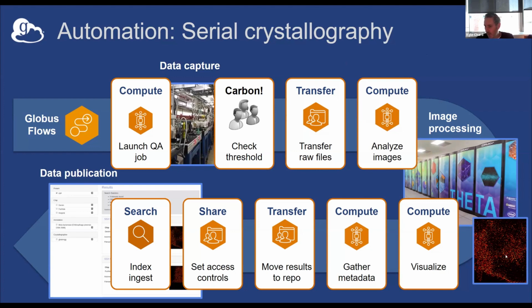We might visualize it in a way that we can send back to researchers. We might gather some metadata such that we can index it, and then we'll transfer results back again to some sort of globally shared location where researchers and their collaborators can look at the results of the experiment as it's ongoing. And so you see here that these compute steps, the 4 of them, are running in different places as needed by the data transfer and by the science experiment that's running.